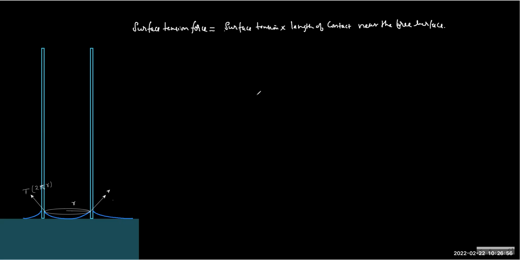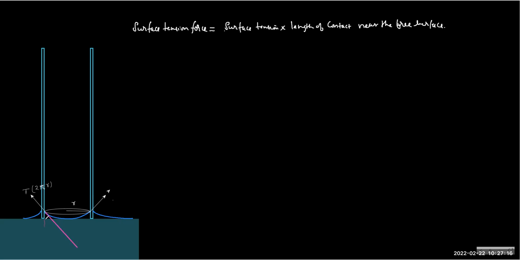So now once we have this, the surface tension force will have a vertical component. We know something called the angle of contact, right? And this used to be the angle of contact, if you remember.